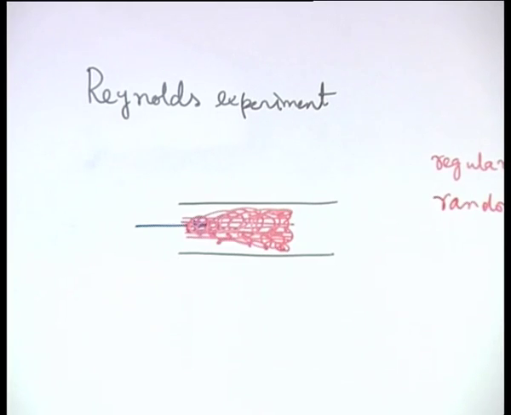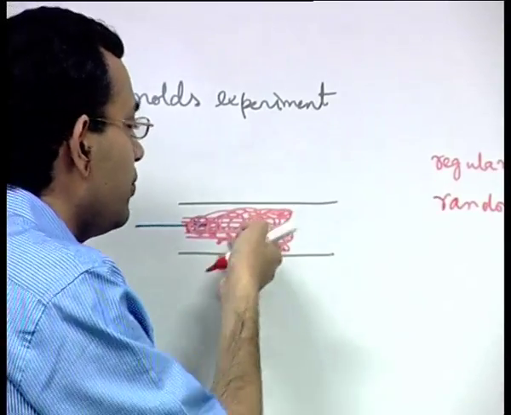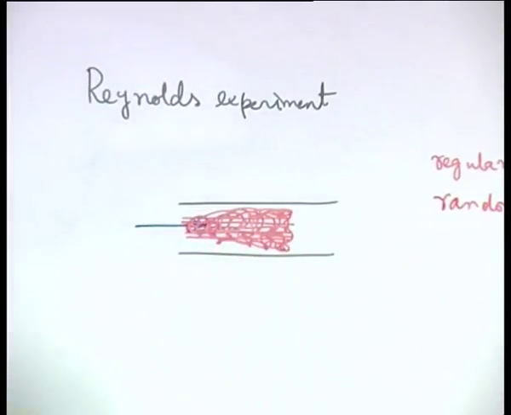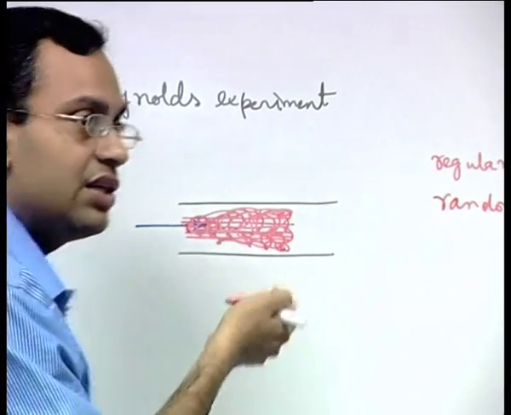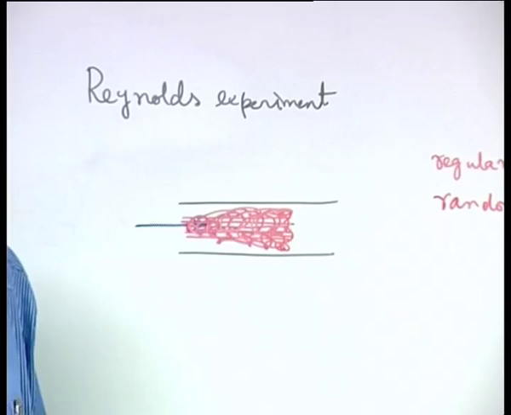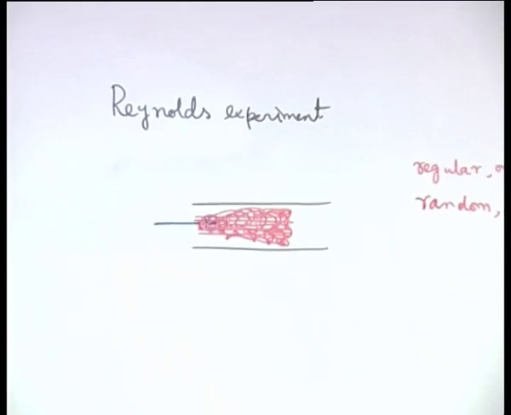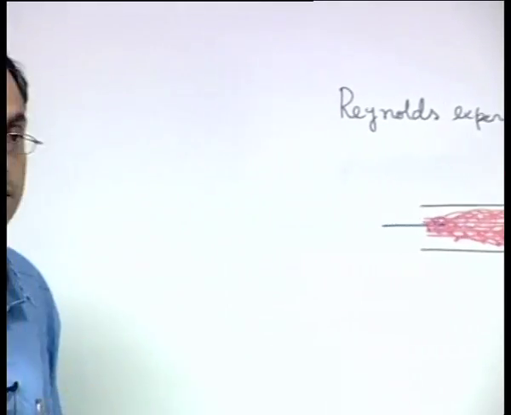On the other hand, if the velocities are large, then because of the dominance of the inertial effects as compared to the viscous effects: viscous effects try to dampen out the amplification of perturbation, whereas the inertial effects try to amplify the perturbations.